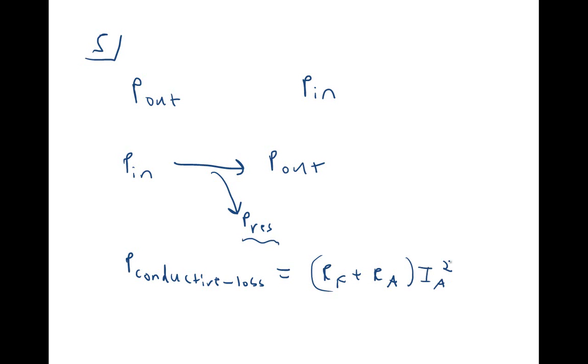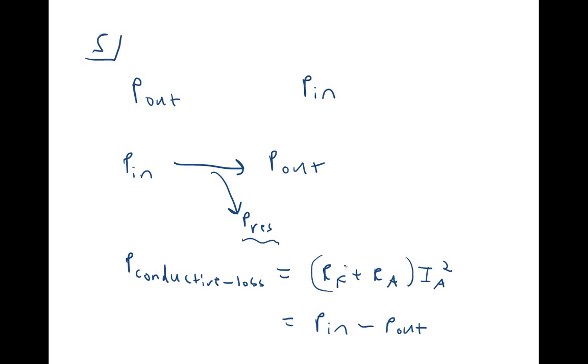And so in this problem, you know that these conductive losses, because there is no rotational loss, have to be just equal to P in minus P out. So the difference in that power has to be going into conductive losses if we just balance the energy.